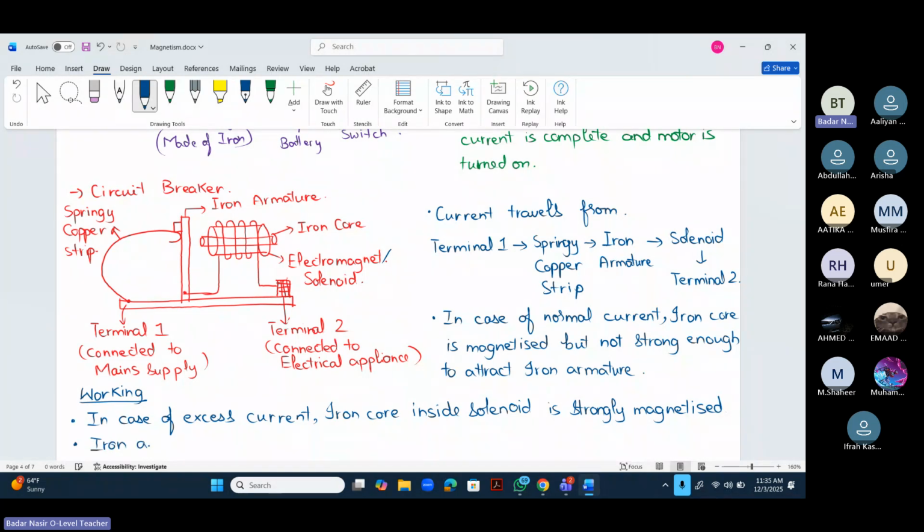Iron armature is attracted towards iron core.